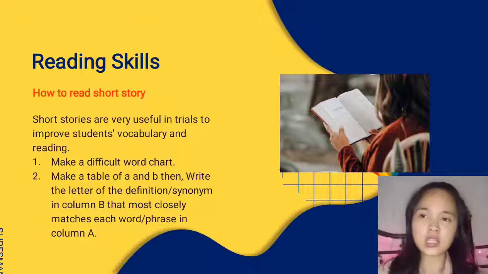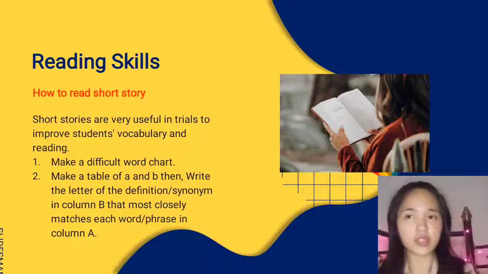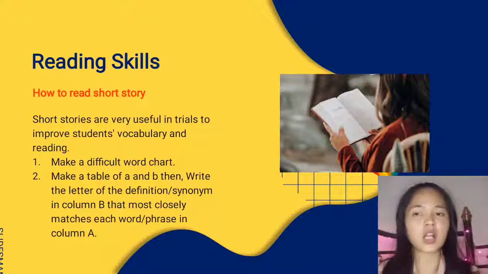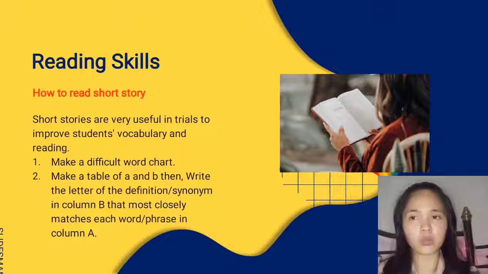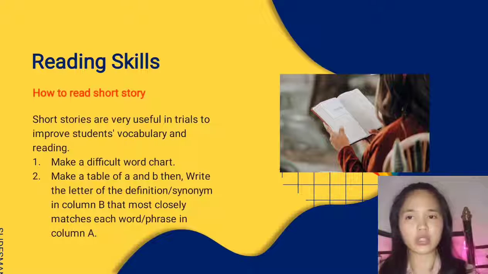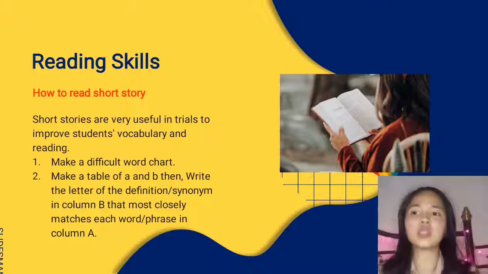And then the second is to write the letter of the definition or synonym in column B that most closely matches each word or phrase in column A. In this activity, the words or phrases in column A come from the story students are reading.